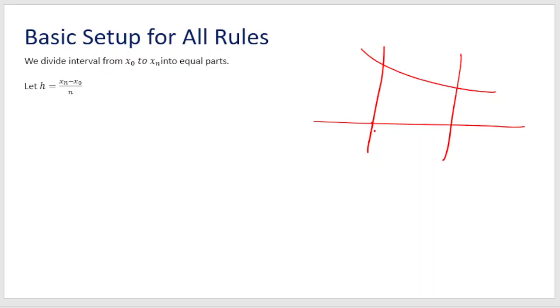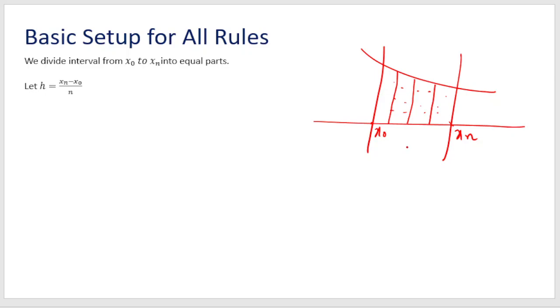This is the starting point, which is x0, and this is the end point, xn, and I want this area under the curve. So I'm going to divide it into equal parts. Remember, equal parts. If I draw it like this, it is divided into two parts. If you take n as 4, then it will be divided into 4 parts. In this way I'm going to divide it into equal parts.